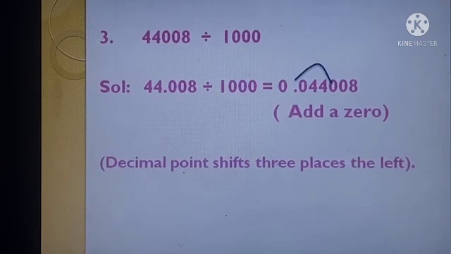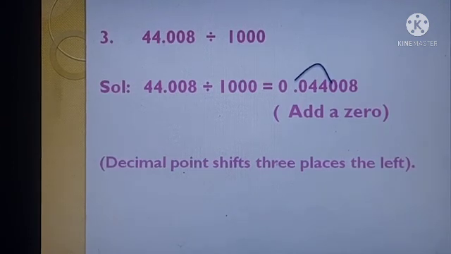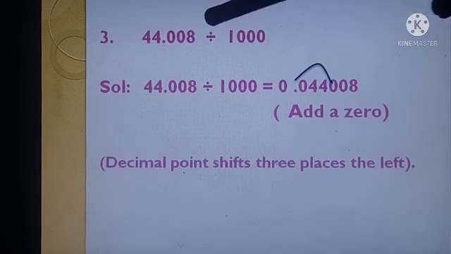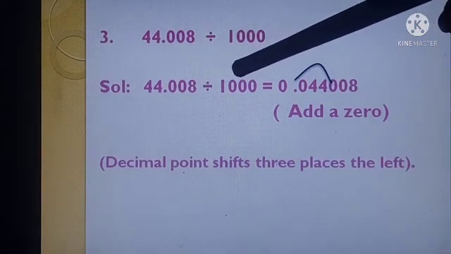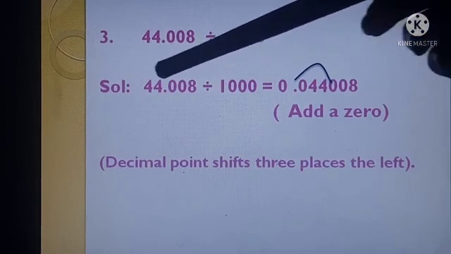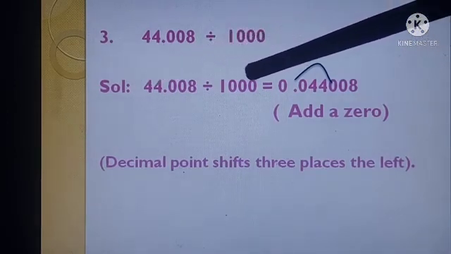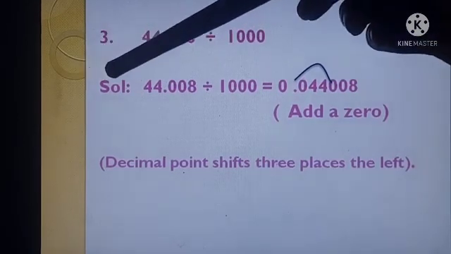Now see this next part. Next question, 44.008 divided by 1000. I have done the method which is simple, oral. If you want, you can change it into fraction form also. 44.008 divided by 1000. The decimal will shift 3 places back.